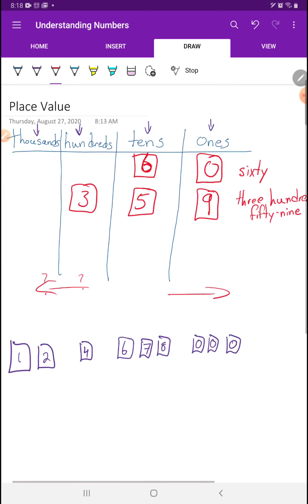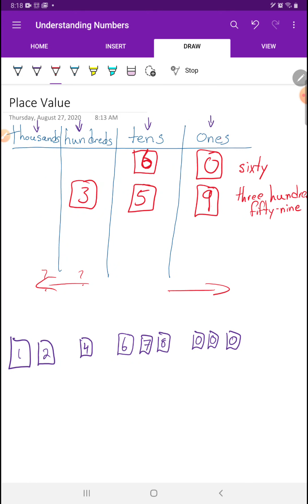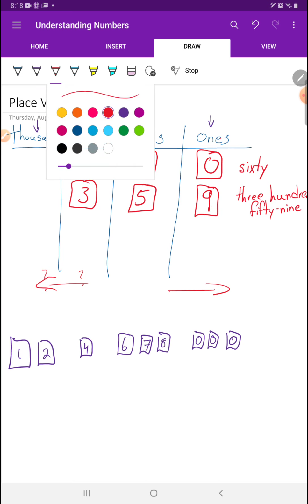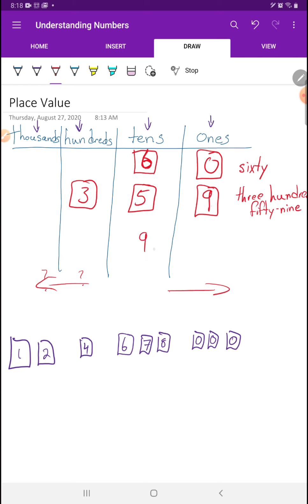Now this is really important. If I say 9 ones, 5 tens, and 3 hundreds, this would not be correct. This number is wrong because I have 5 hundreds, but I said I wanted 5 tens, so the 5 has to go where the tens are.